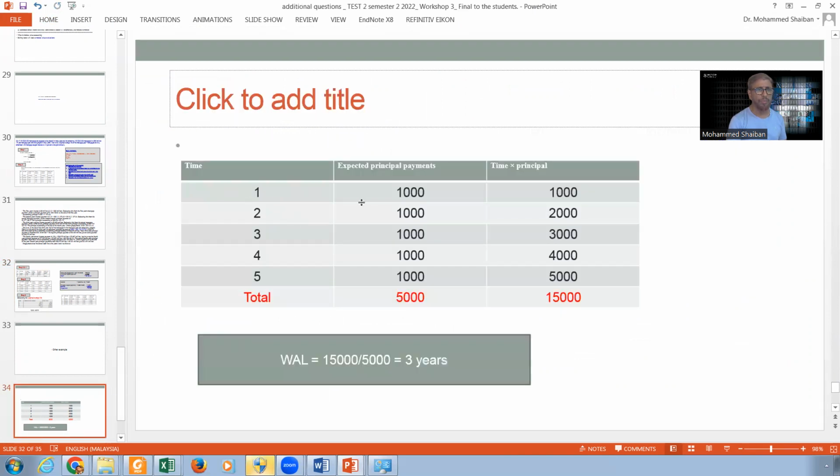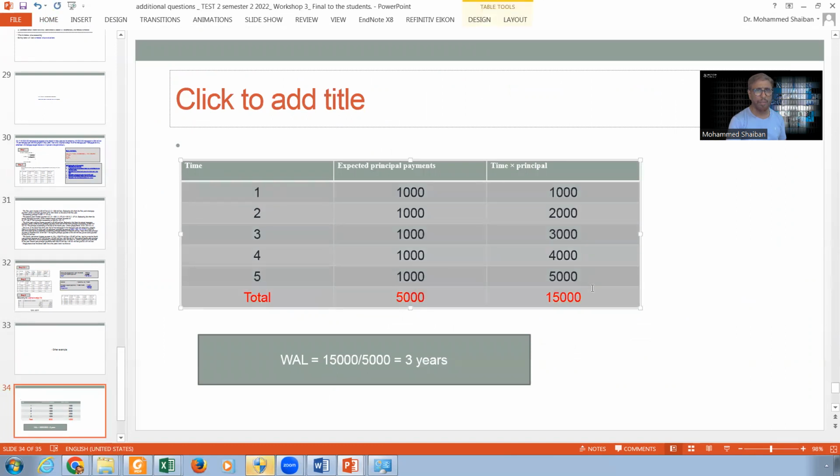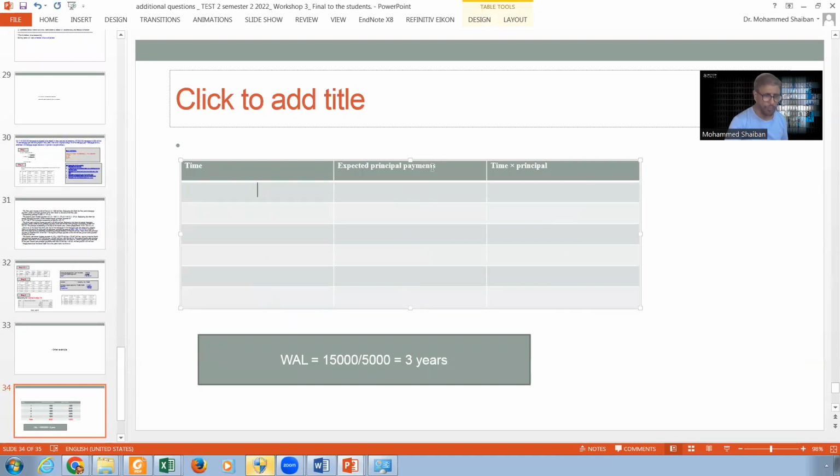If I have a loan of 5 years, for example year 1, year 2, year 3, year 4, and year 5, and this loan is 5,000, so it has to be paid in 5 years.